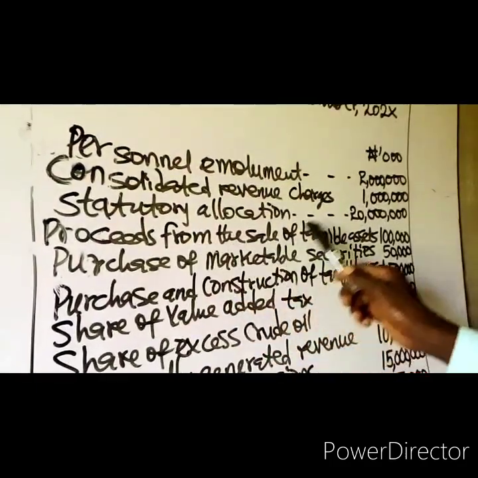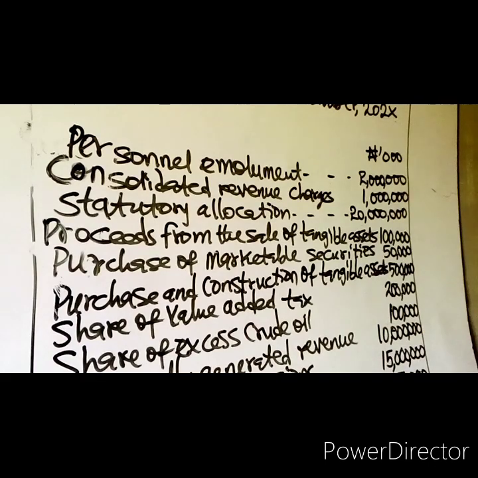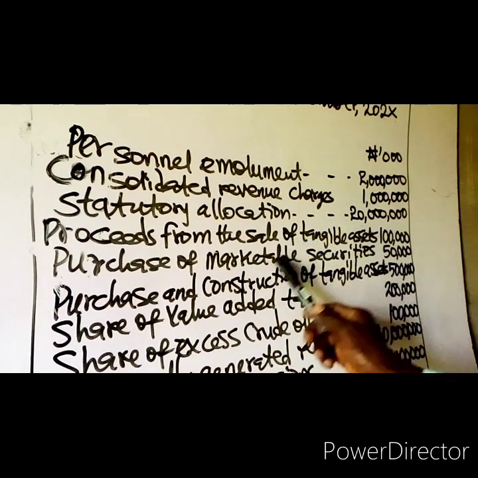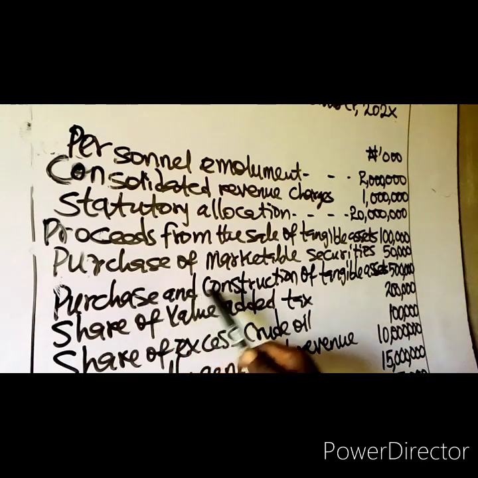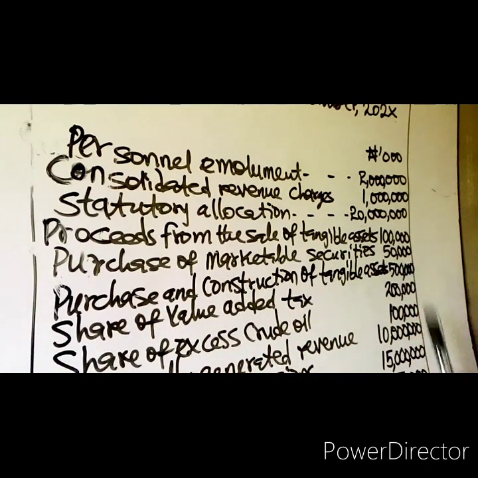Proceeds from the sale of tangible assets, 100,000. Purchase of marketable securities, 50,000. Purchase and construction of tangible assets, 500,000. Share of value added tax, 200,000.